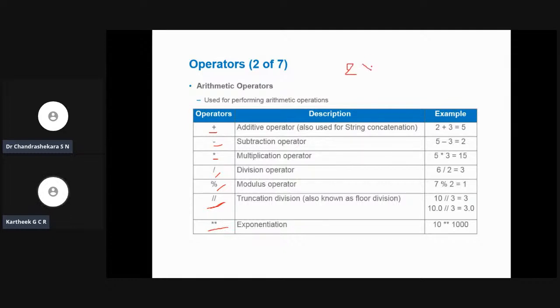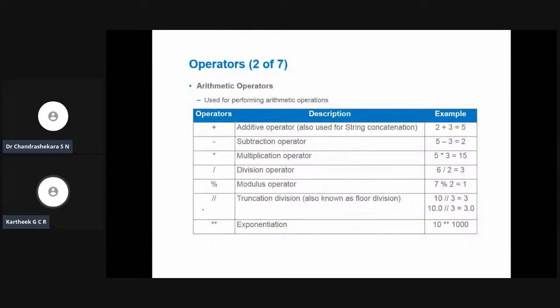So 2 double star 3 will give you 2 to the power of 3, 2 cube, right? So plus as an arithmetic operator between numbers can be used to add, minus to subtract, star to multiply, divide to divide, modulus to get the remainder.